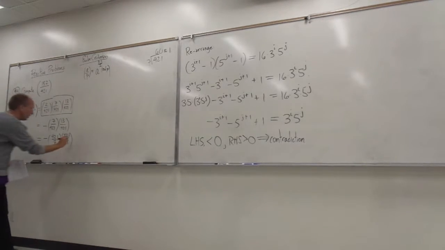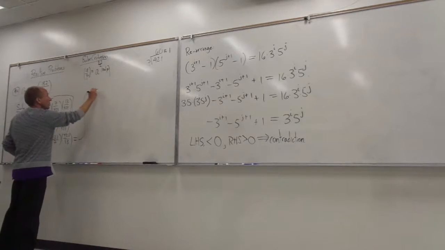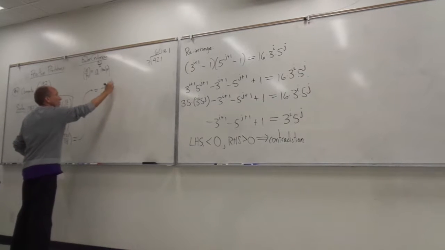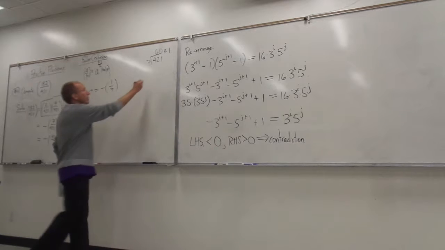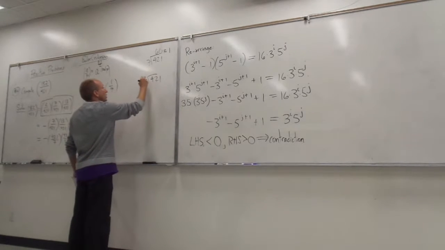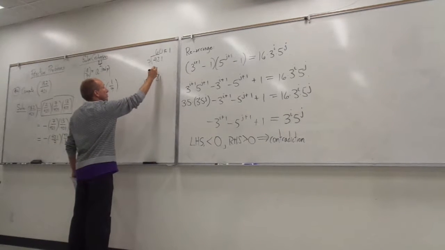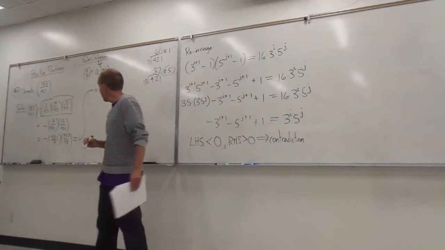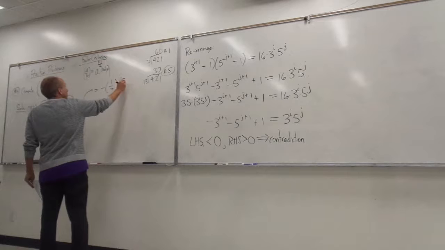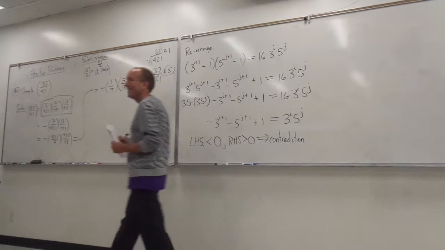So 421 reduces to the negative of the Legendre symbol of 1 with respect to 7. And how about mod 13? It's 3 times, 2, looks like it's a remainder of 5, is that right? Okay, so we get 5 with respect to 13 here.